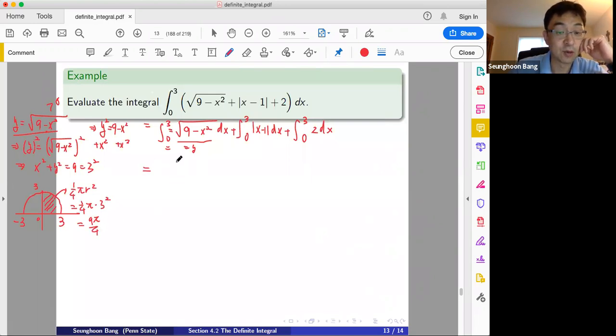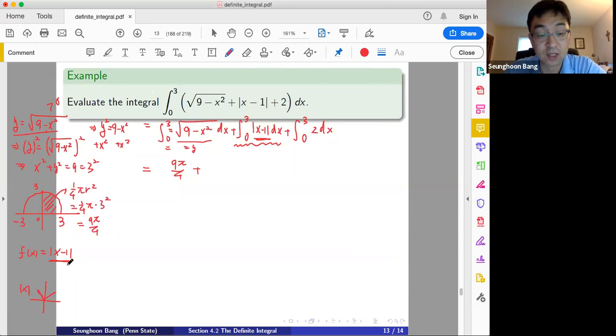So this is the same as 9 pi over 4 plus, how can you find this one? You can draw the integrand, the absolute value of x minus 1, as a function here. How can you sketch the graph? The graph of the absolute value of x is like a V. For the absolute value of x minus 1, you have to shift this graph to the right, left, up, or down.